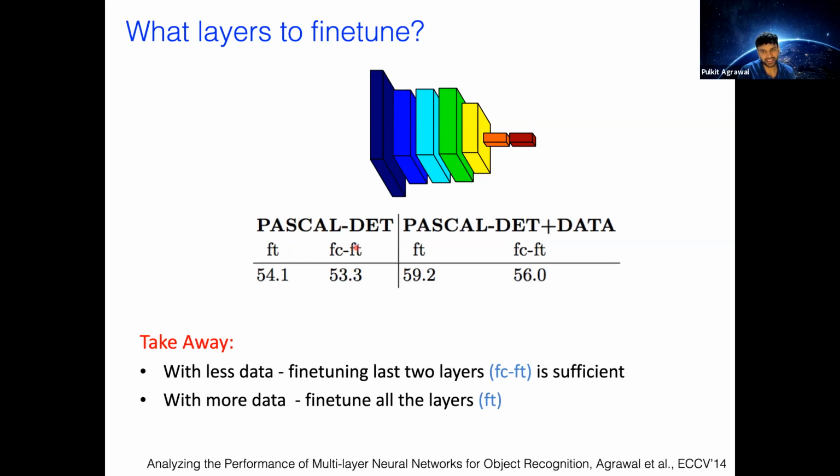And what you're seeing is the comparison between fine tuning all the layers, which is FT, and fine tuning just the last two layers, which is FCFT. And these are accuracy numbers, so 54.1 and 53.3. These numbers are quite close to each other. But if there is more data available on the new task, then of course you should tune all the layers. So how many layers to tune ends up being a function of how much new data is available.